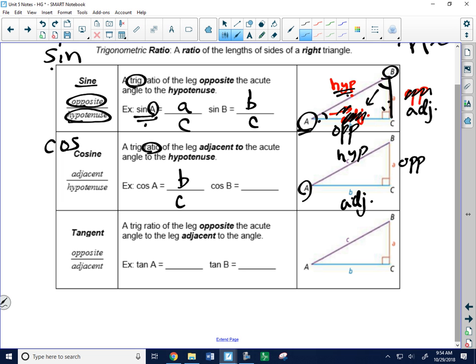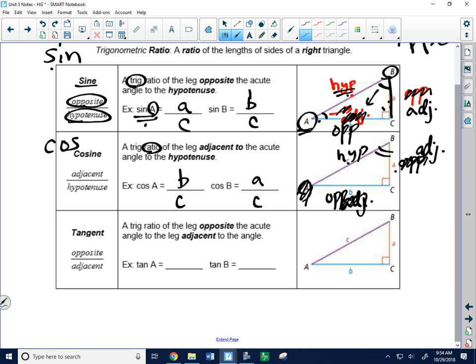And you'll see when we go up here to angle B then, so I'm on cosine of B, it says go to angle B. Now this one would be the opposite, and this one would be the adjacent. And so now cosine of B is adjacent a over hypotenuse c.